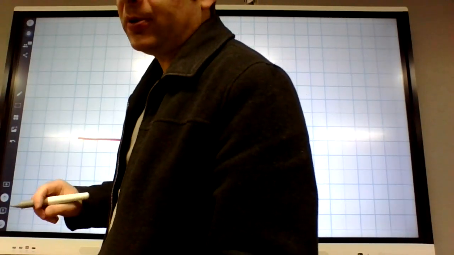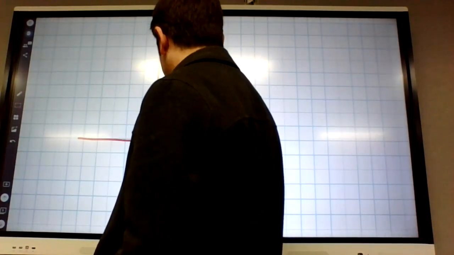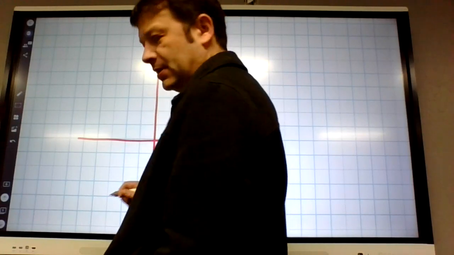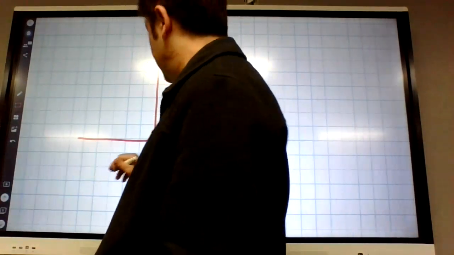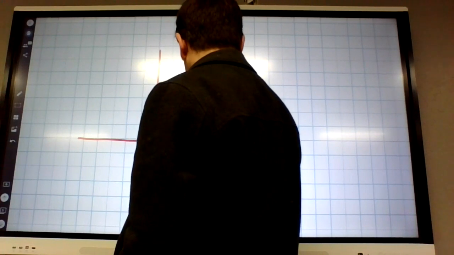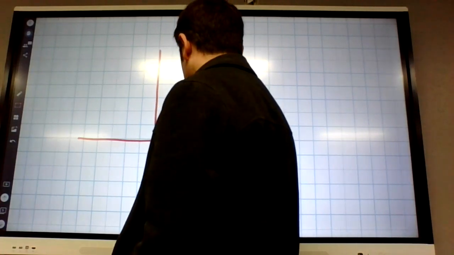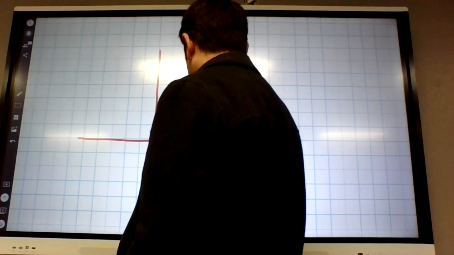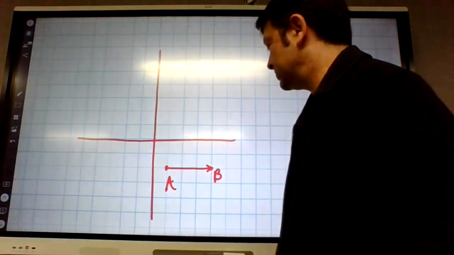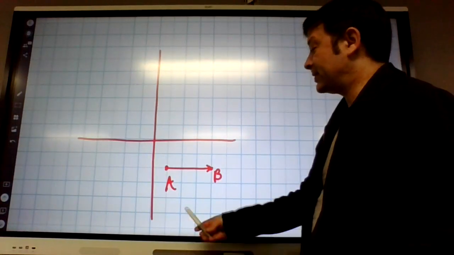Okay, I'm looking at number 1. A is at 1, -2. And B is at 3, -2. So we're supposed to list the component form of vector AB.